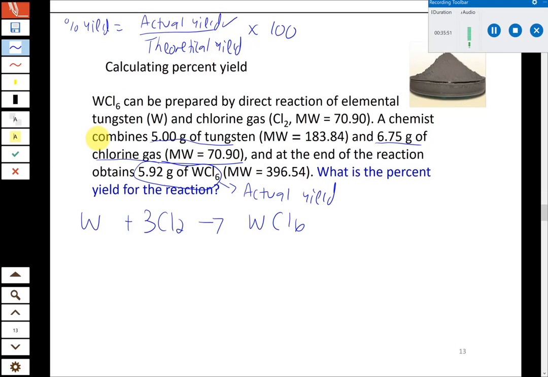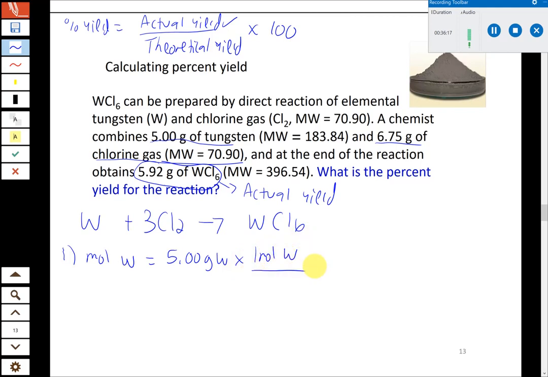And remember that the theoretical yield is just the amount that we would get from doing stoichiometry. So from figuring out what the limiting reactant is and then doing all the mole conversions and so on, that would give us our theoretical yield. So we're going to follow the same steps as before. We're going to first figure out what the limiting reactant is. So moles of each reactant, we have 5 grams of tungsten, W. The moles of tungsten, we're going to use its atomic mass.